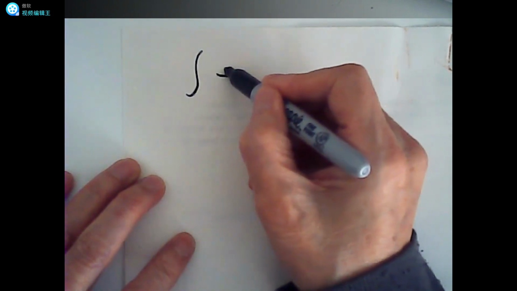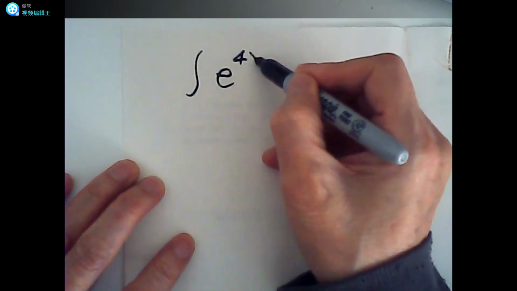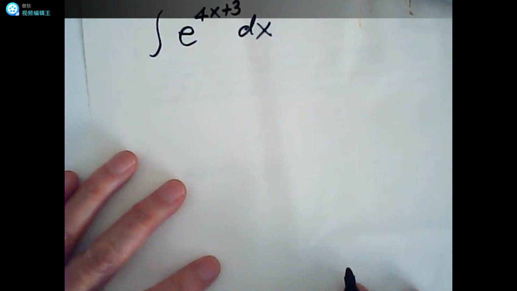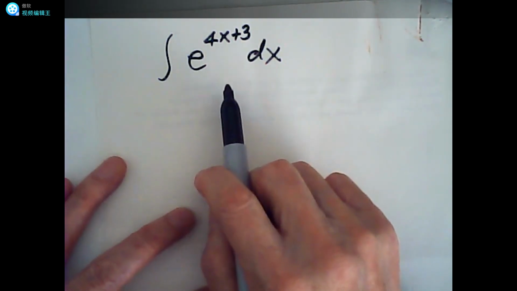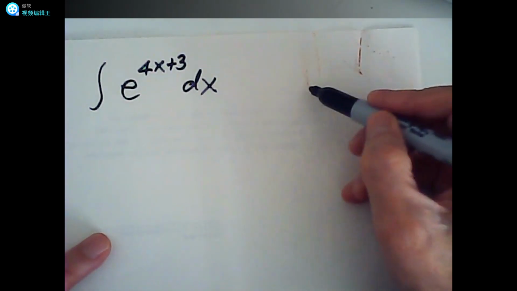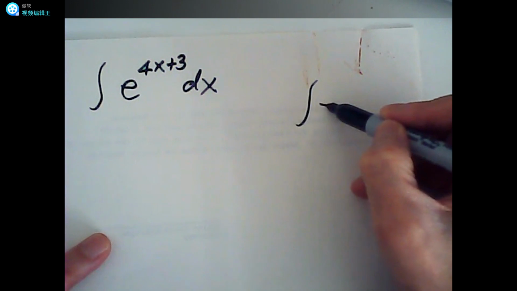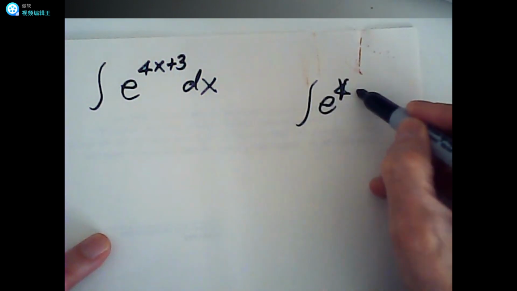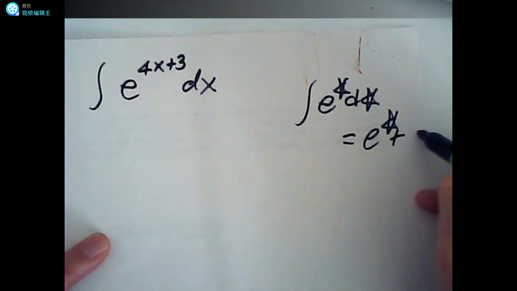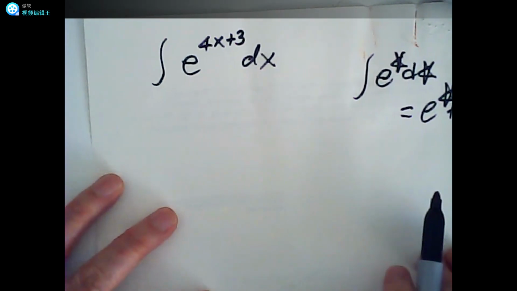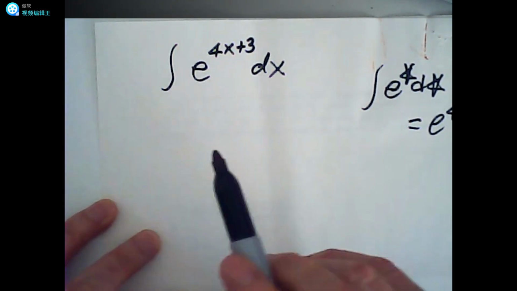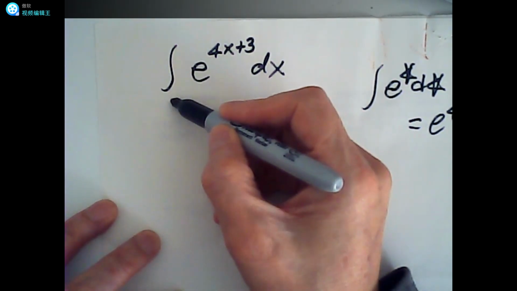The integral of e to the 4x + 3 dx. Now obviously we try to integrate by using the basic formula, that is e to something d something is equal to e to something plus c. Now I try to apply this basic formula to this integral.